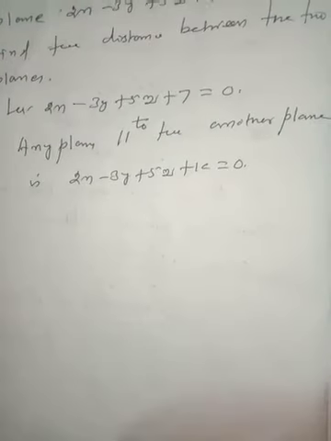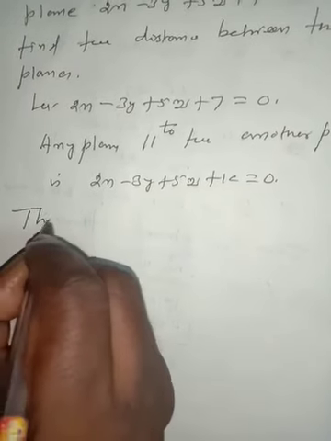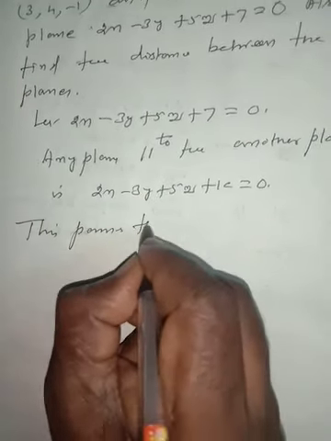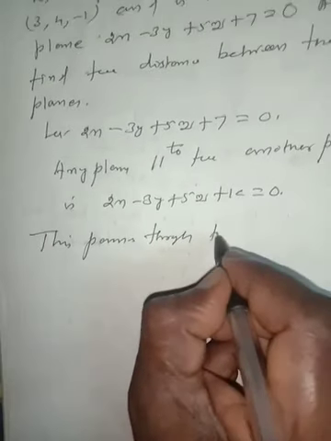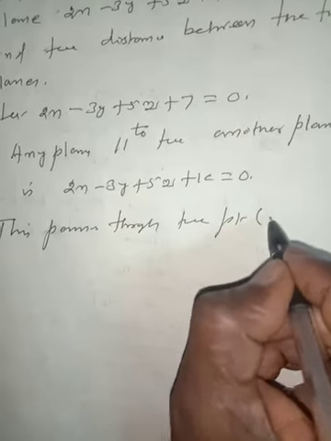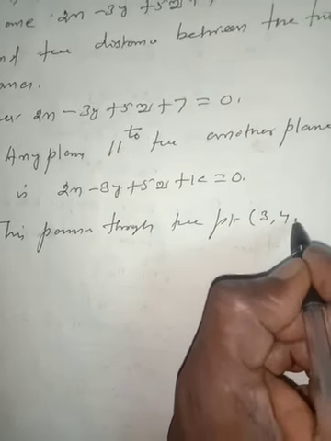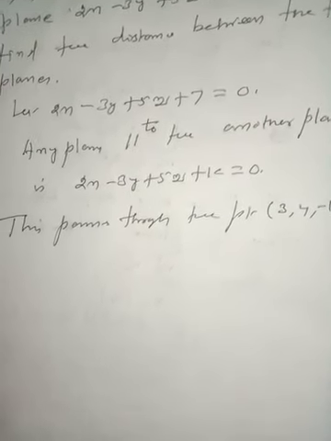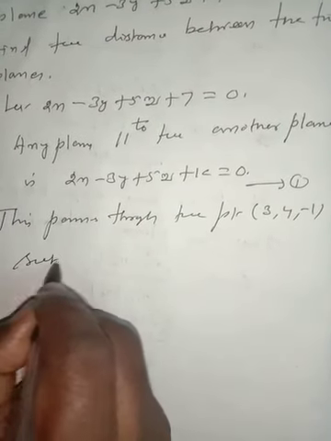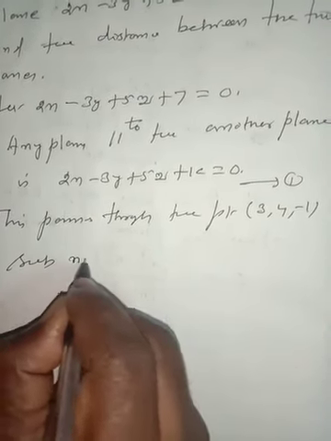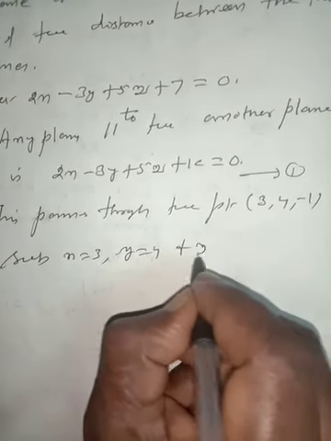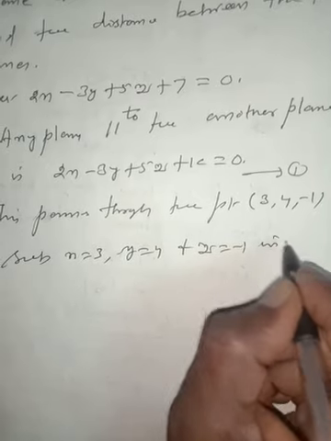This passes through the point (3, 4, -1). Substitute x is equal to 3, y is equal to 4 and z is equal to minus 1 in equation number 1.